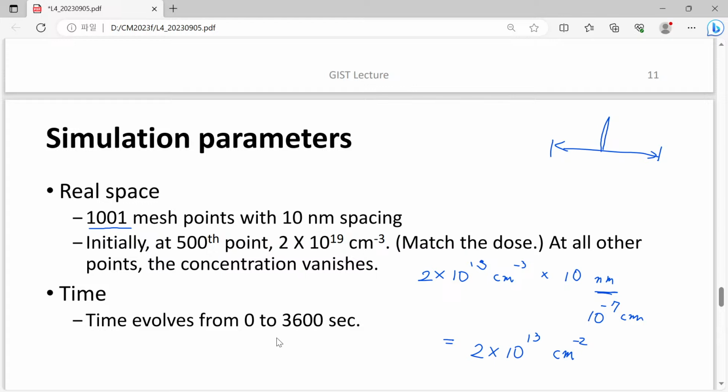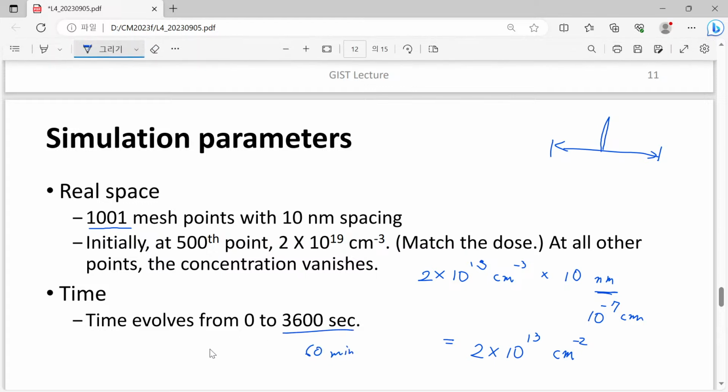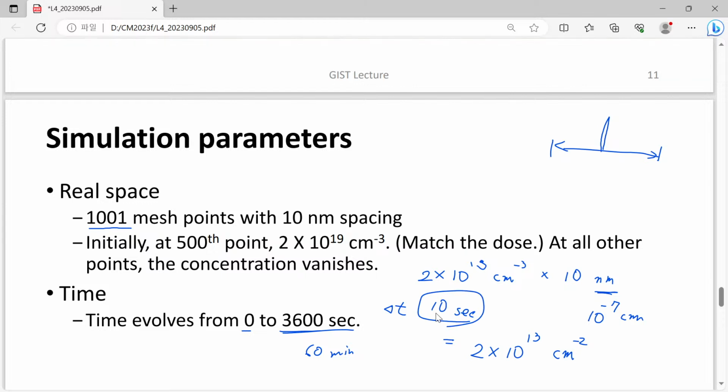Since our goal was 1 hour or 60 minutes, time evolves from 0 to 3600 seconds. And what delta t have I used? I used 10 seconds as a delta t. Of course, you can try different numbers.